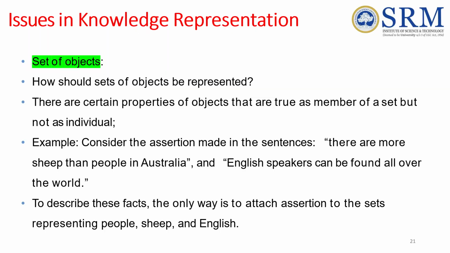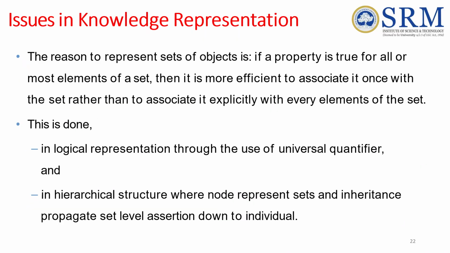Next we move to the reason to represent; these are other issues. For most members of a group or set, instead of storing the same property repeatedly for every individual object, it is more efficient to store it once for the entire set.